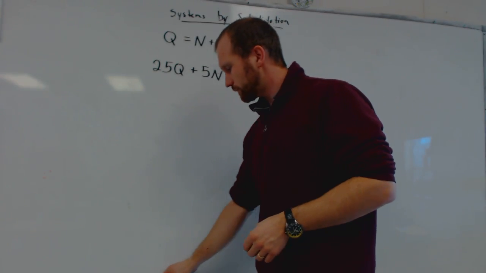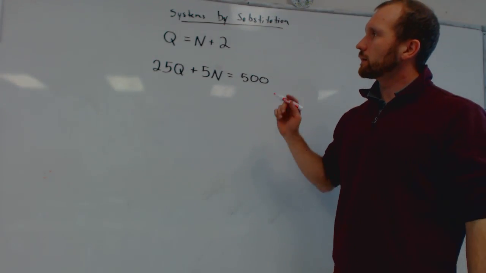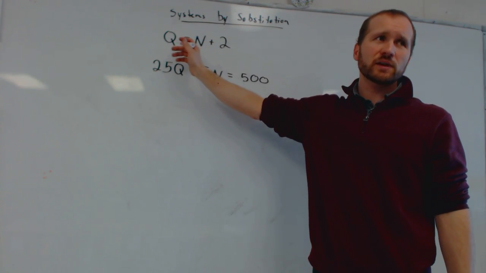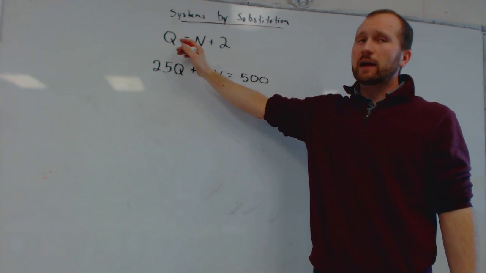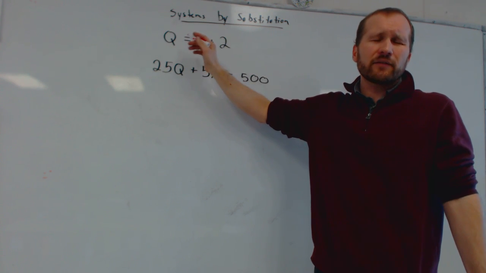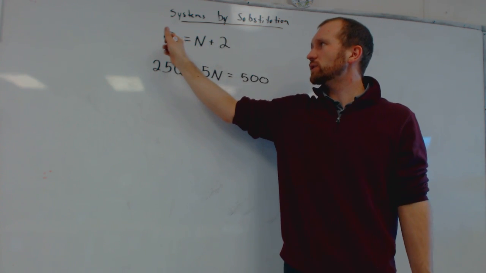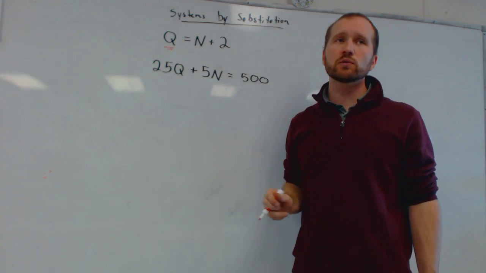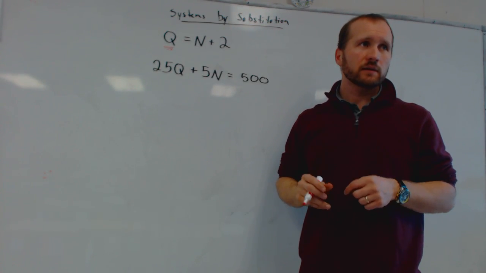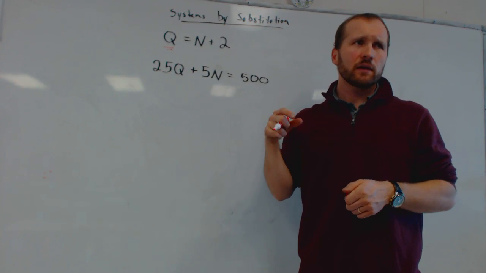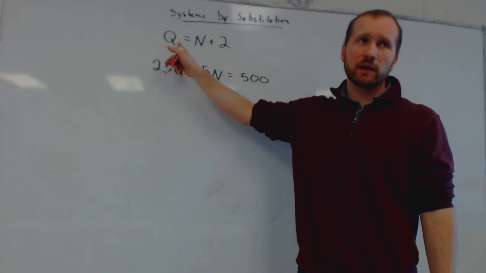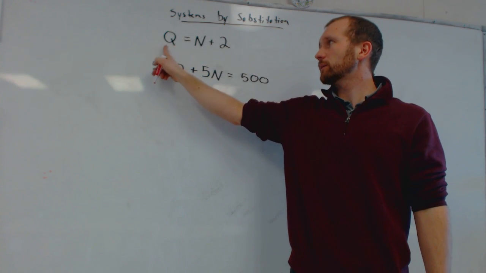What we do, we look at the equation that has a variable isolated. And in this case, we already have our variable alone on one side. We already have it isolated. So in this first equation, I have something that says Q equals. To use the substitution method, you have to have a variable isolated in one of your equations.